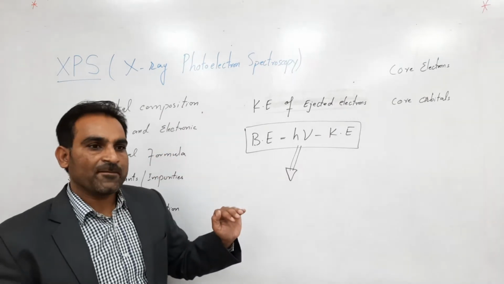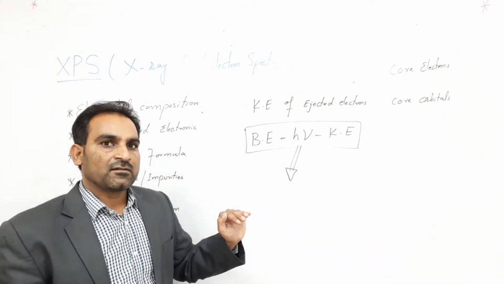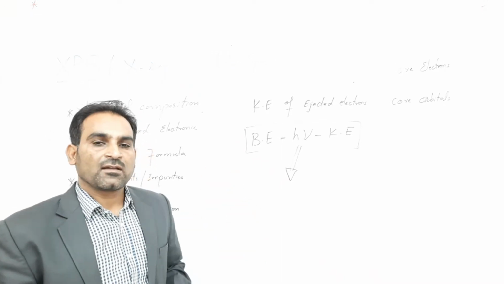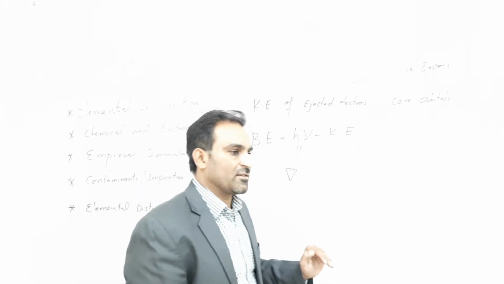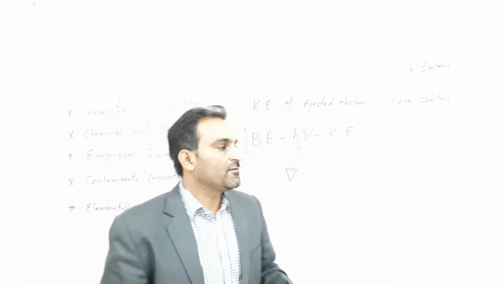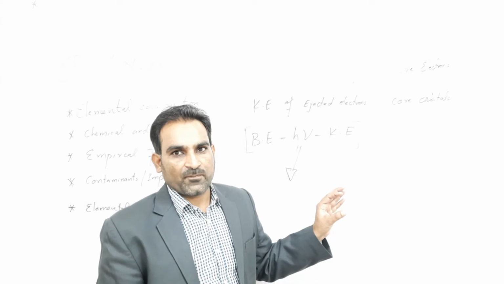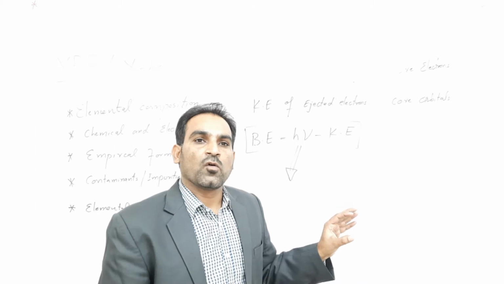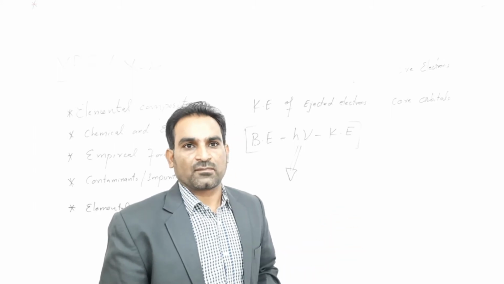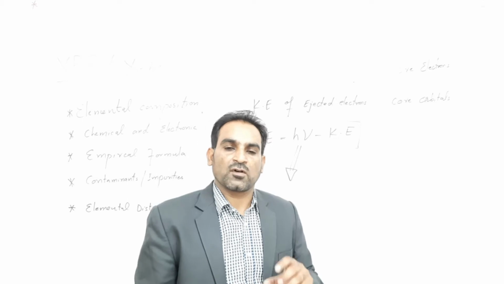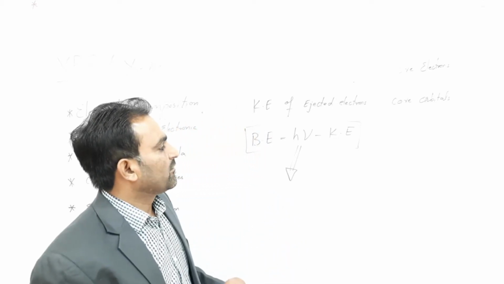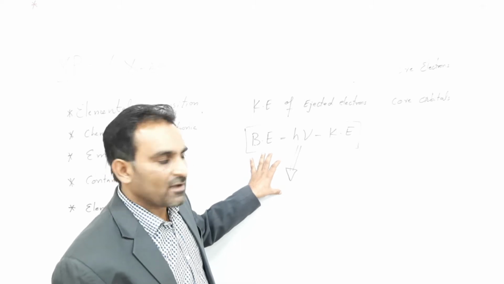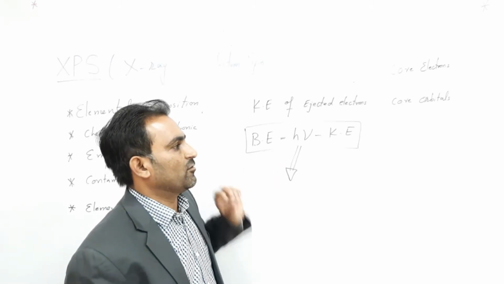So this X-ray interacts with core electrons, and this process leads to the emission of core electrons, and then it measures the kinetic energy of those emitted electrons from the core orbitals. And by applying this mathematical expression, you can find the binding energy of those electrons.